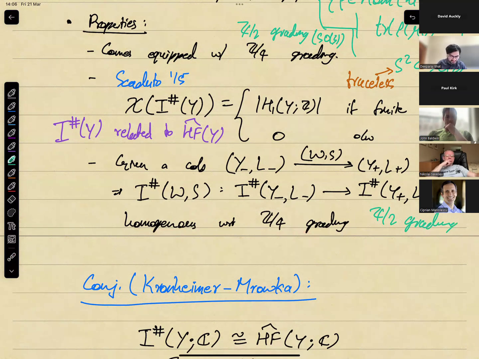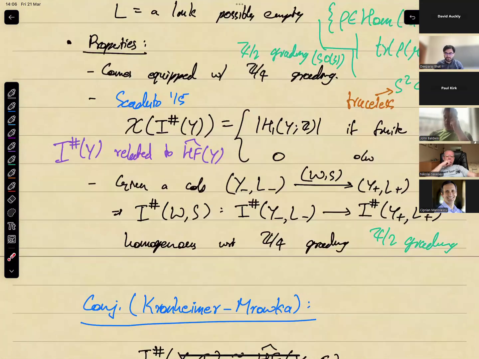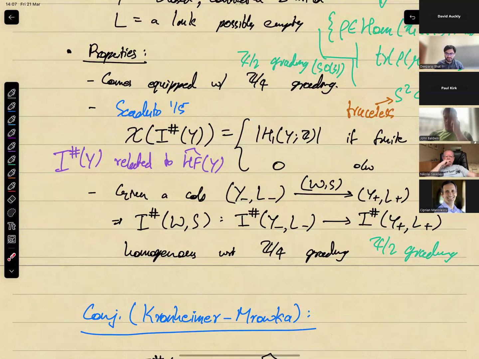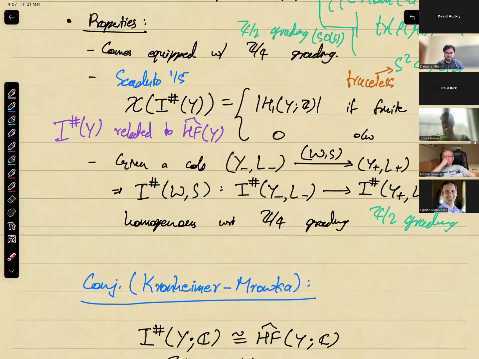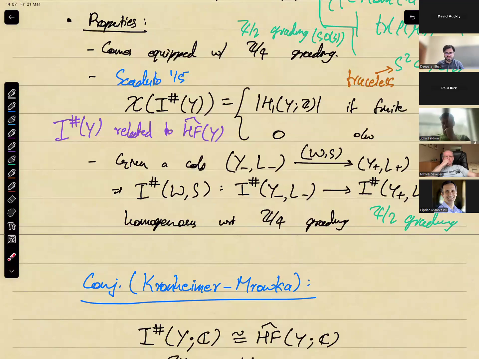I just want to clarify that there are no restrictions on what S can be, or on what L minus or L plus have to be. S could be non-orientable, L minus could be empty, L plus non-empty. All of that is allowed. But for the most part, for the cases we'll be dealing with, these four-manifolds and the surfaces inside them will be relatively simple.